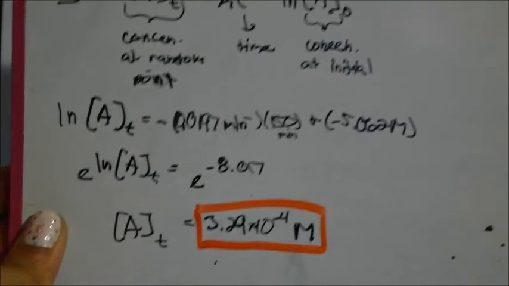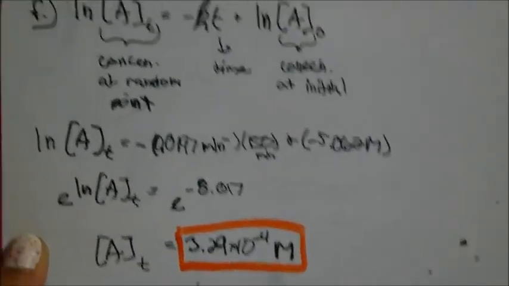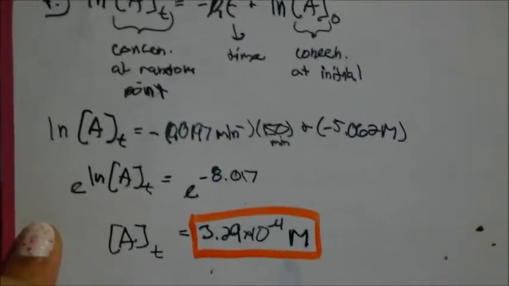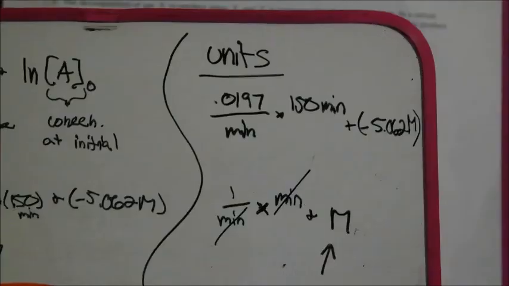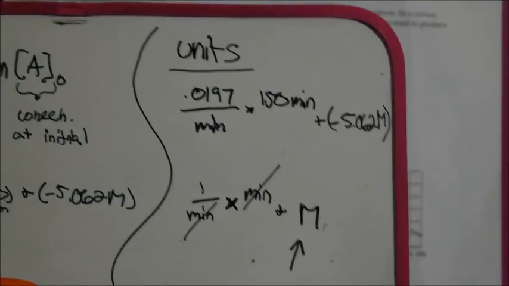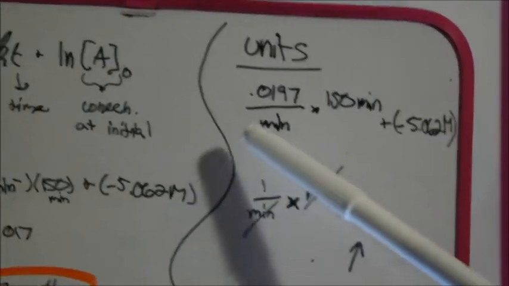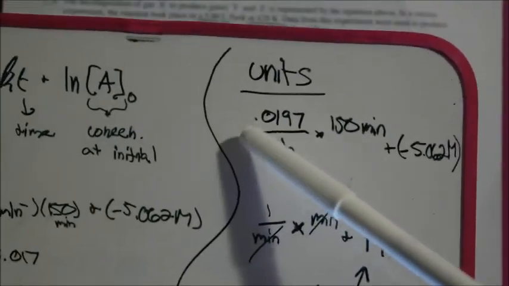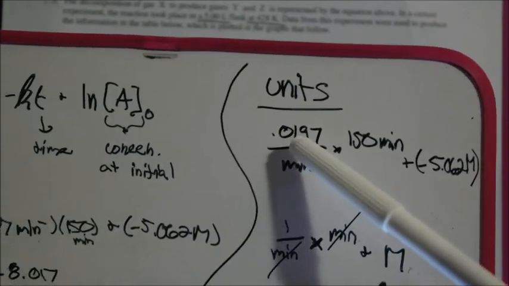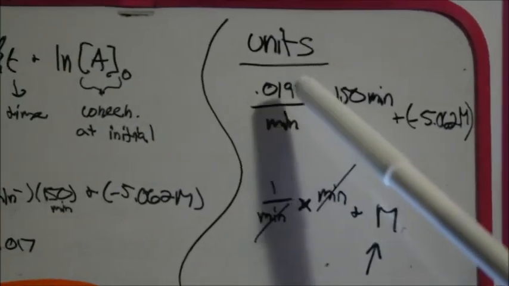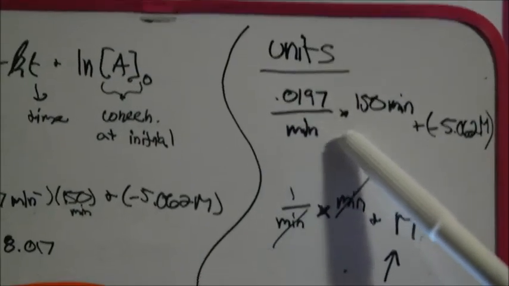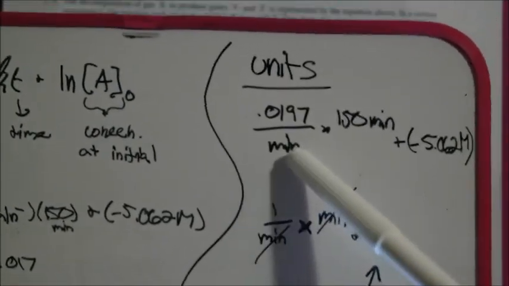And I'll explain the units more specifically if you're a little bit confused. So basically it's like this. You have your K constant, the 0.0197 minutes negative 1. You can bring that minutes negative 1 down and make this a fraction.